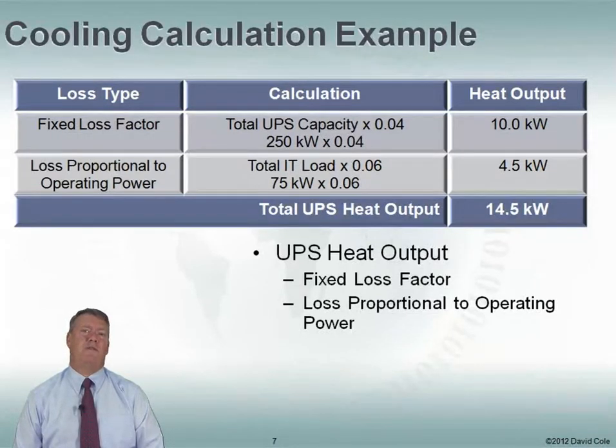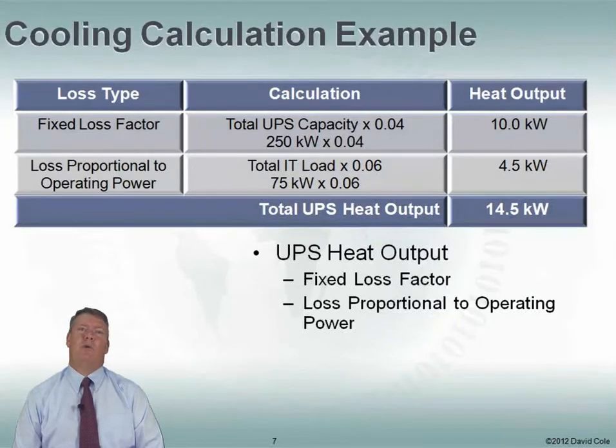That fixed loss factor is based on the size of my UPS. So I take my total UPS capacity and multiply that by 0.04. In this case, I have a 250 kilowatt UPS. I multiply that by 0.04 and I get 10 kilowatts. So my UPS, just turning it on, is going to generate about 10 kilowatts of heat output.